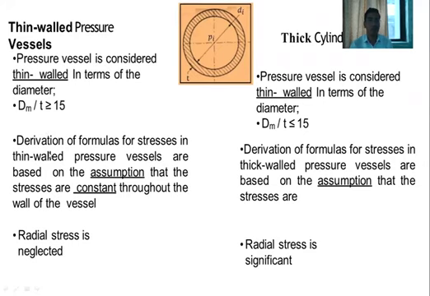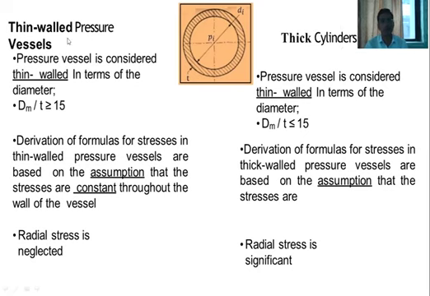The derivation of formulas for stresses in thin walled pressure vessels is based on the assumption that the stresses are constant throughout the wall of the vessel. Radial stresses are neglected in the case of thin walled pressure vessel. Thick cylinders are those where, based on the diameter to thickness ratio, if it is less than or equal to 15, then it comes under thick cylinders.